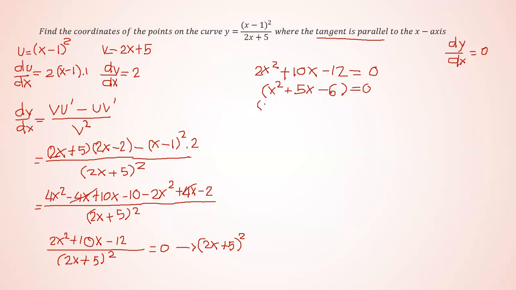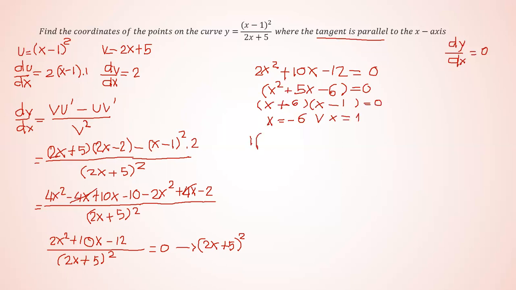So we may factorize this. If you factorize, it becomes (x plus 6) and (x minus 1). So if x plus 6 equals 0, it means x equals negative 6, or x equals 1.